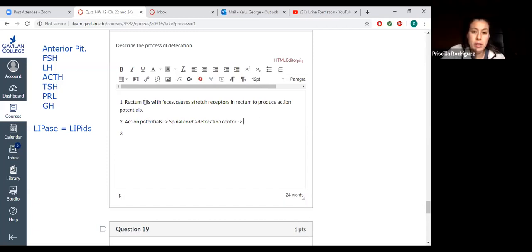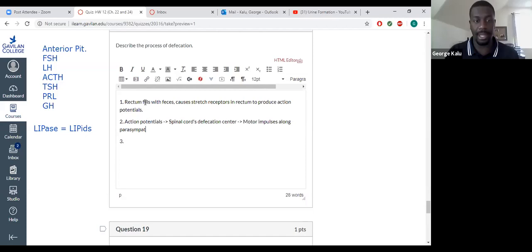Wouldn't it be parasympathetic? Right. Okay, perfect. Parasympathetic division. And they go down to the rectum and to the colon muscles.